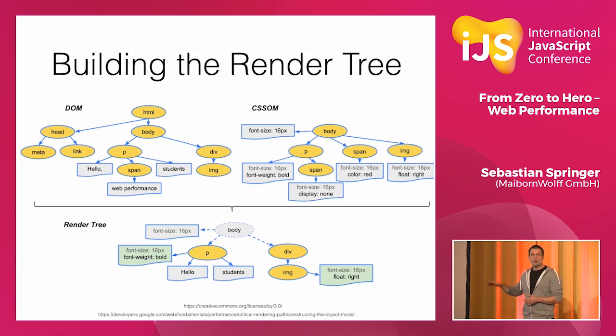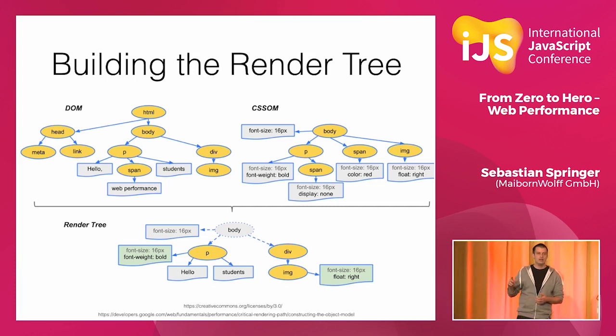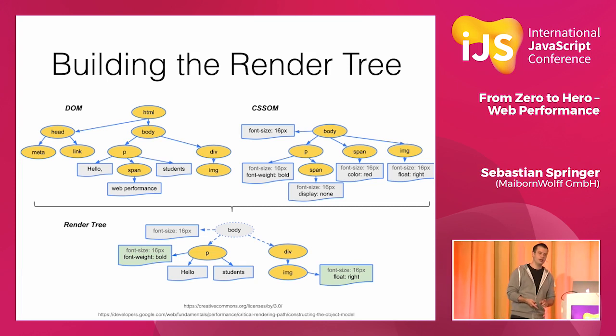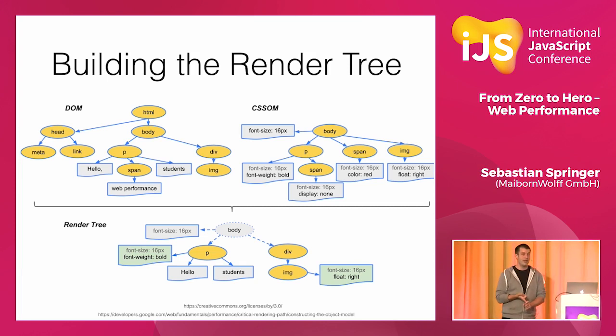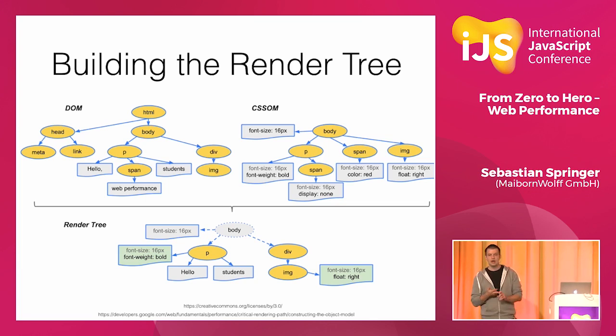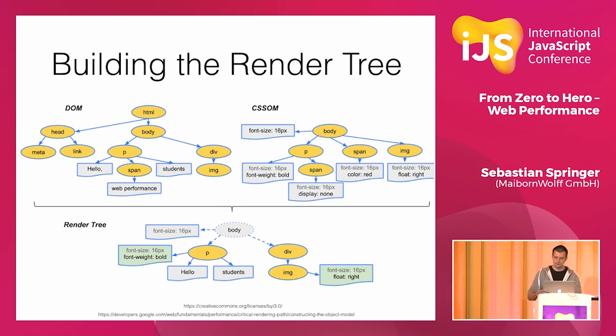The render tree only consists of elements that are visible to the user. So no meta information, no display none elements or somehow hidden elements are contained in the render tree. As soon as you modify something and a node becomes visible or invisible, your browser has to do this work again. So keep that in mind. We're coming to that topic later on.